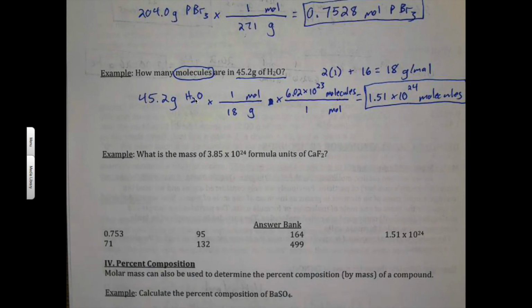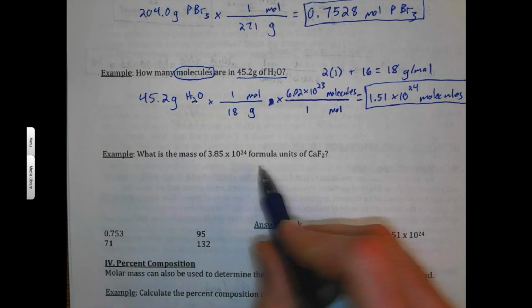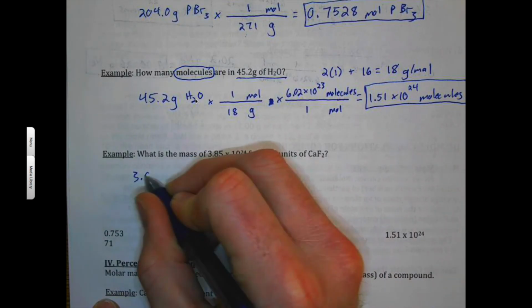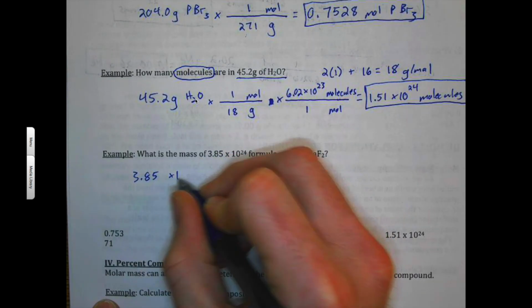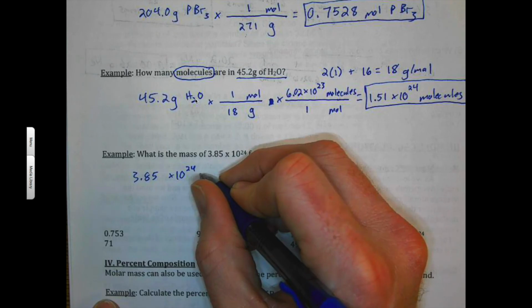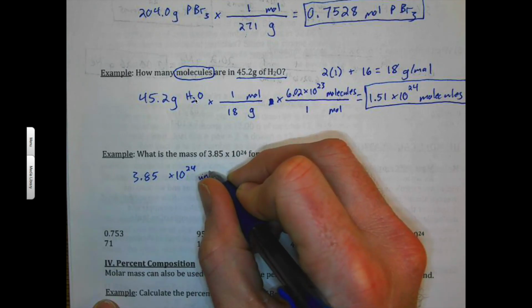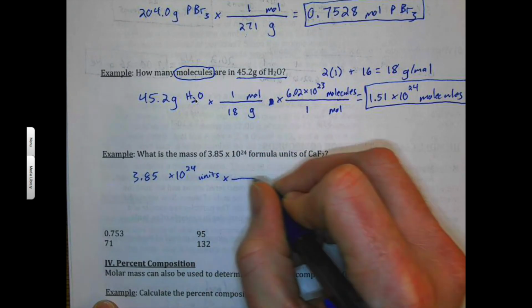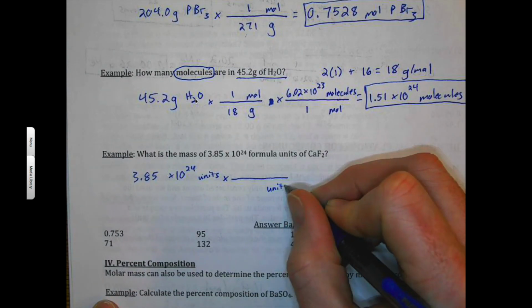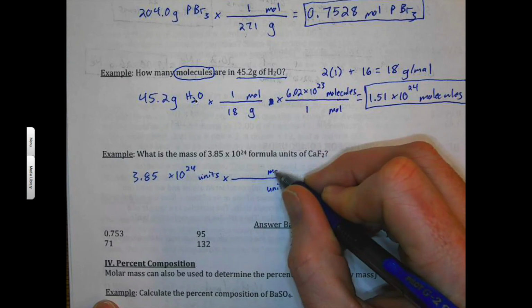Now, the last one, what is the mass of 3.85 times 10 to the 24 formula units of calcium fluoride? So that's going to be 3.85 times 10 to the 24 units. I'm just going to say units. And then we're going to convert our units into moles.